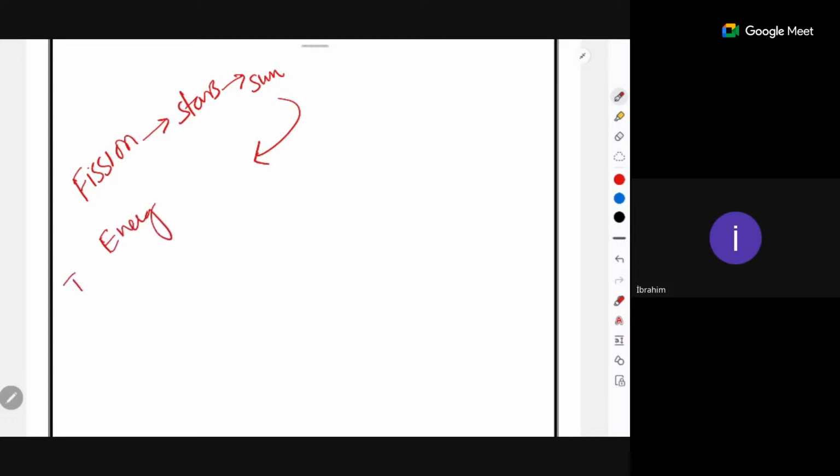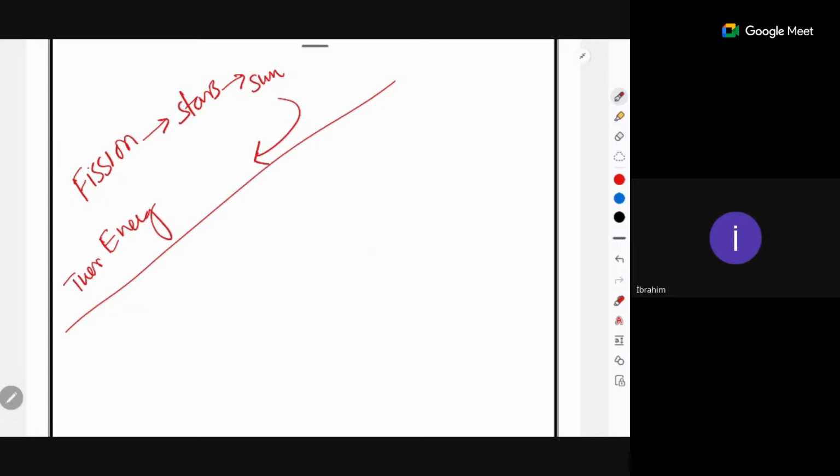Nuclear fusion is taking place in stars and the sun, and that causes the thermal energy of the world. Entire thermal energy is coming from fusion.